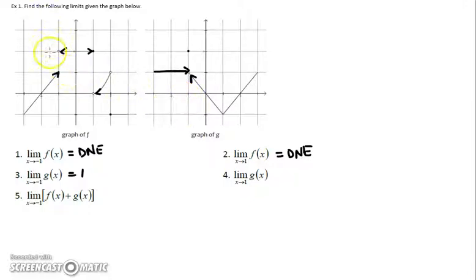Another way to think about this is if we were to put an imaginary little line above this x value of -1, and I were to say, given just what you see here, what do you think the y value is going to be? Well, it looks like the y value is going to be 1. So that's what our answer is going to be.